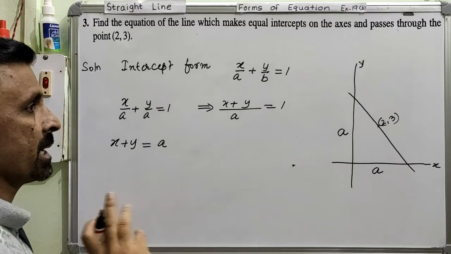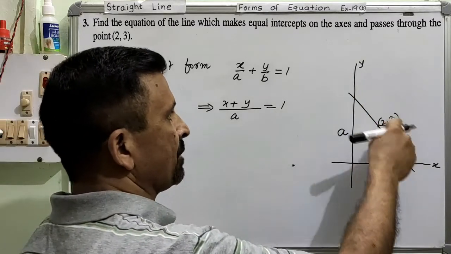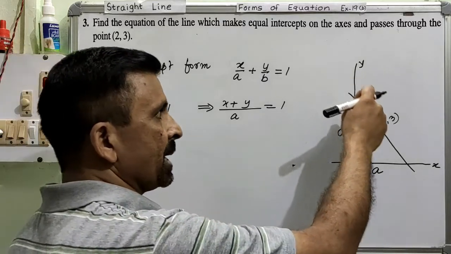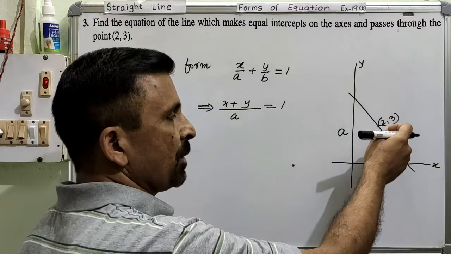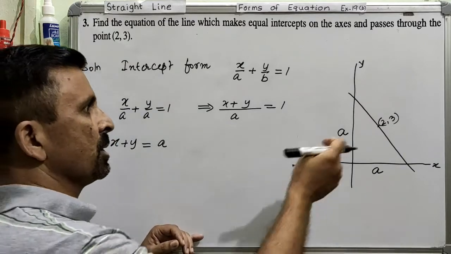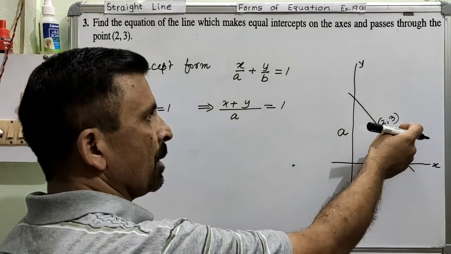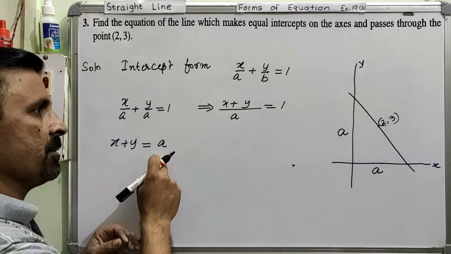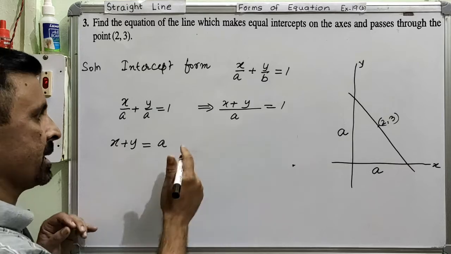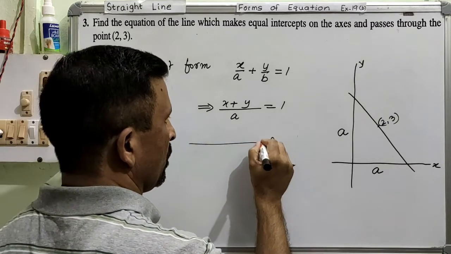Now there is another fact which is given, that this line passes through this point. According to the question, if this line passes through this point, that means this point must satisfy this equation. So we will put this coordinate in this given equation for x and y, and we will get the value of A. Let us name this equation number 1.